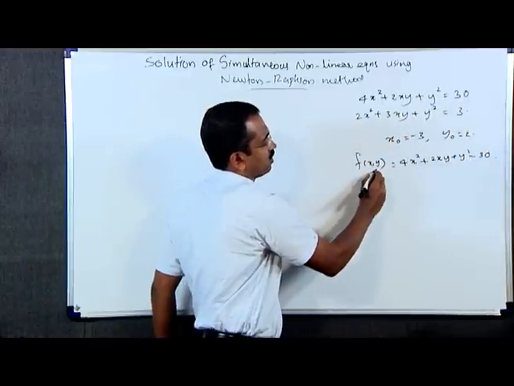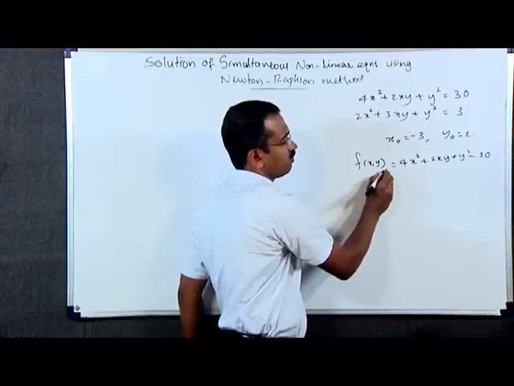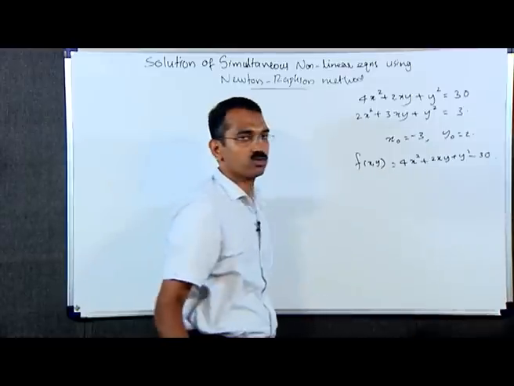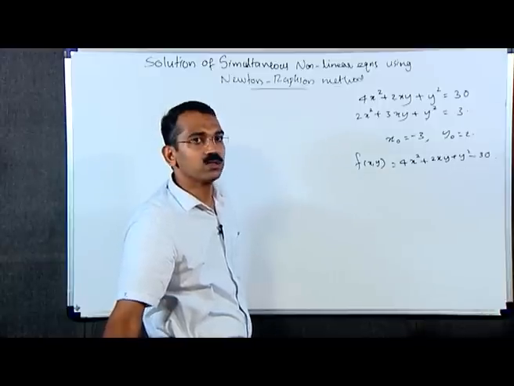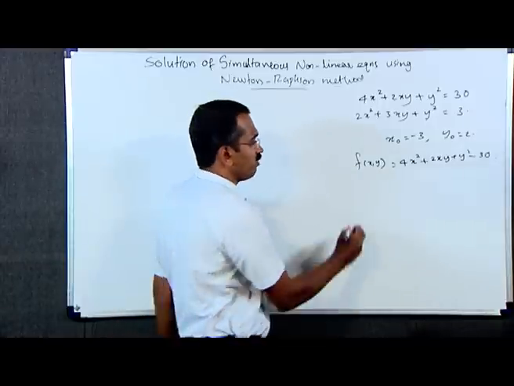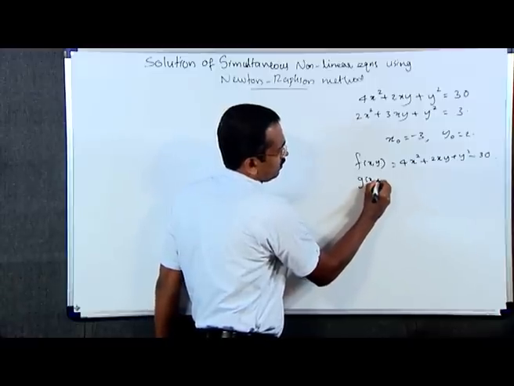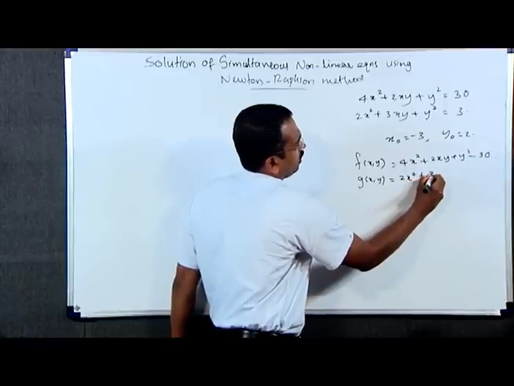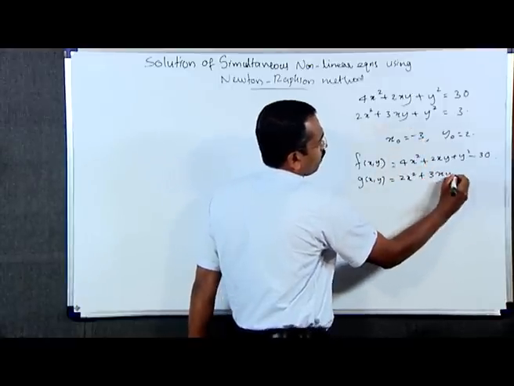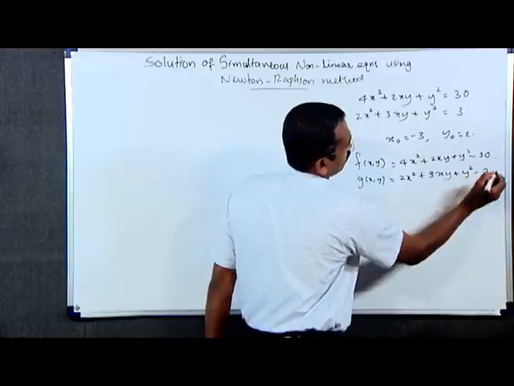Then the given equation will become f(x,y) is equal to 0. And we take g(x,y) as 2x square plus 3xy plus y square minus 3.